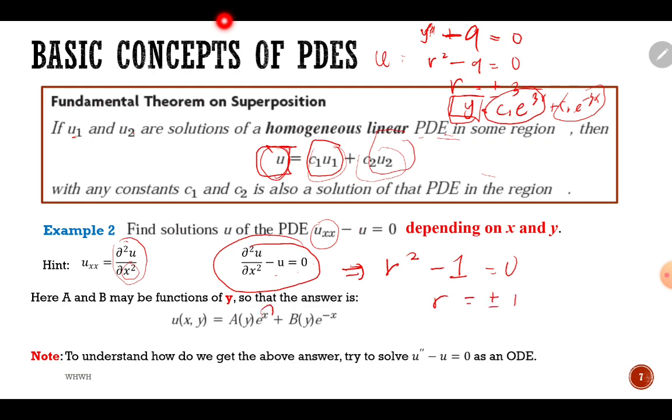So that's why here we have e to the power of x, and the other is e to the power of minus x. But instead of C1 and C2 here, because it is mentioned that it depends on variable y, we have A(y) e to the power of x plus B(y) e to the power of minus x. Okay.